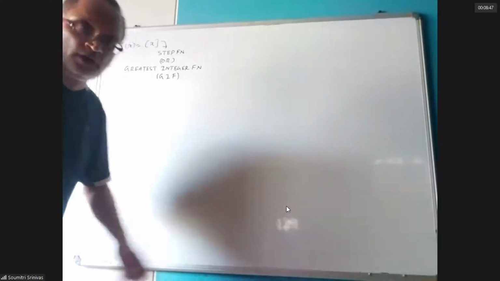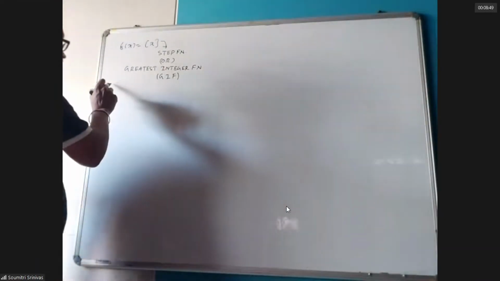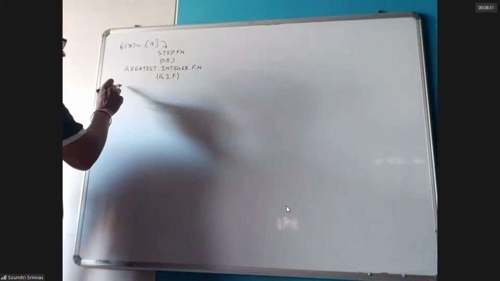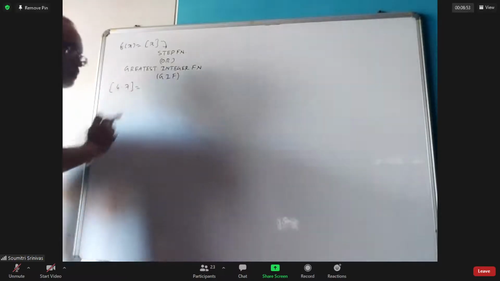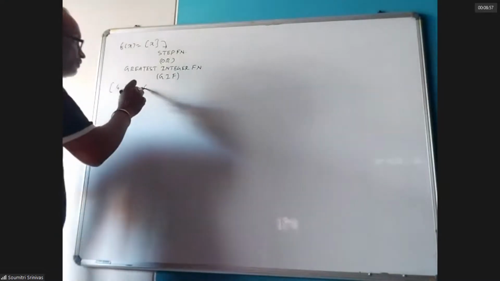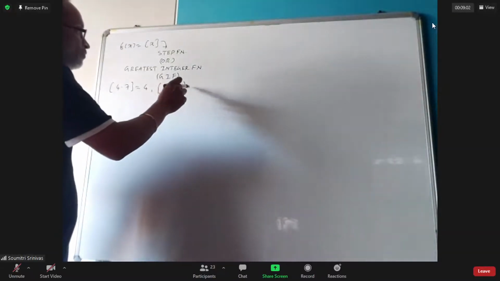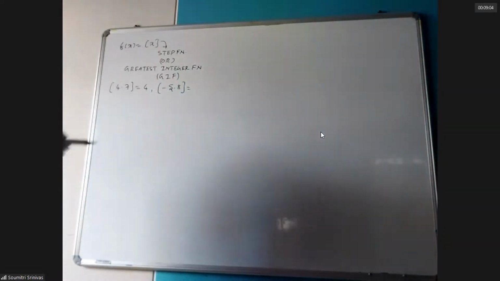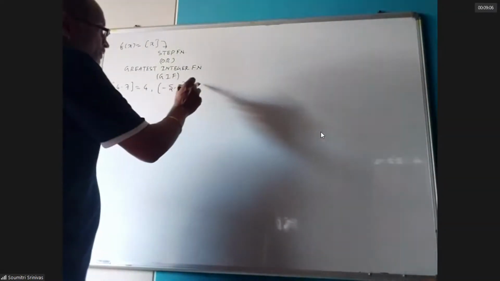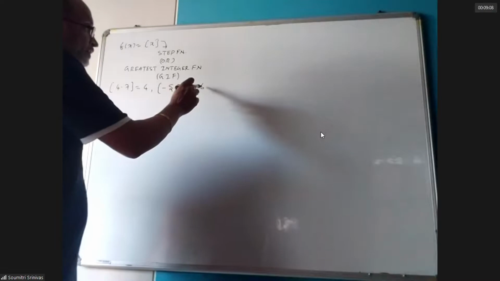I spoke about this already. Once again, quick recall. What was step 4.7? Four. Step minus 5.8? Minus 6.